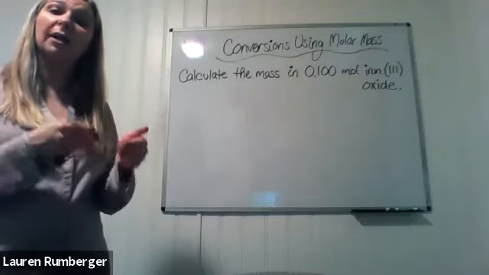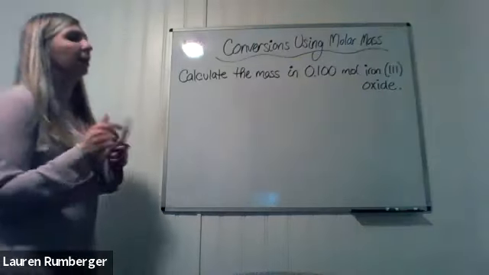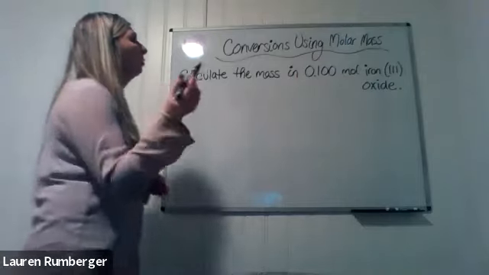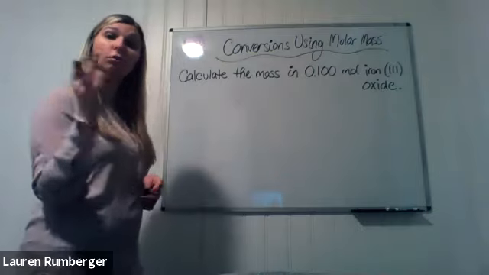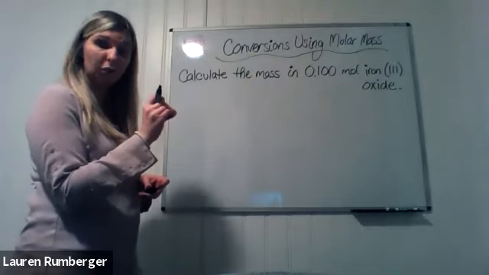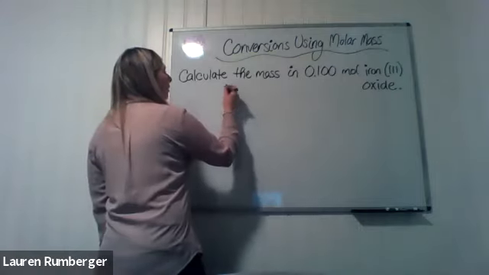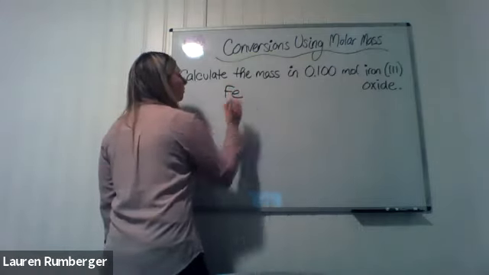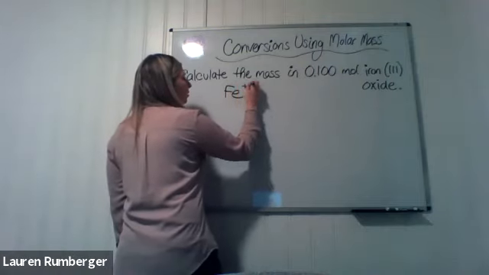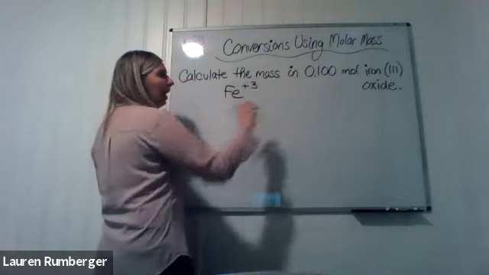So iron 3 oxide, again, we have a transition metal that has a Roman numeral. So the Roman numeral indicates to you the charge on the transition metal. So iron is Fe, and the Roman numeral 3 tells you that it's a +3 charge.